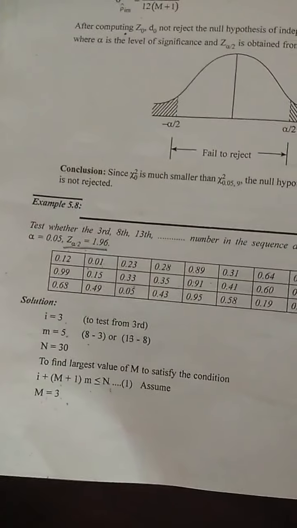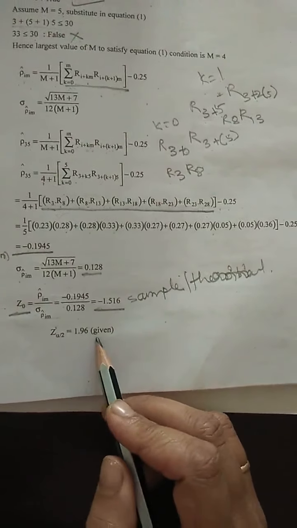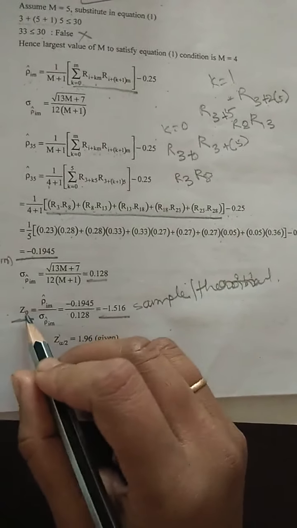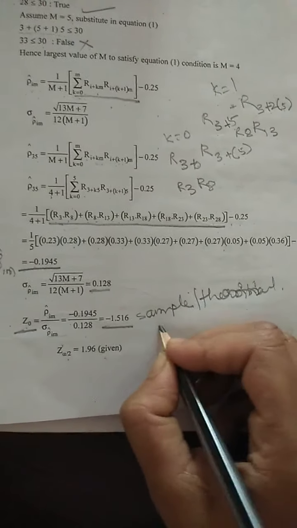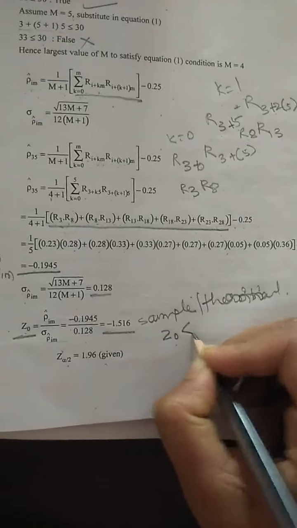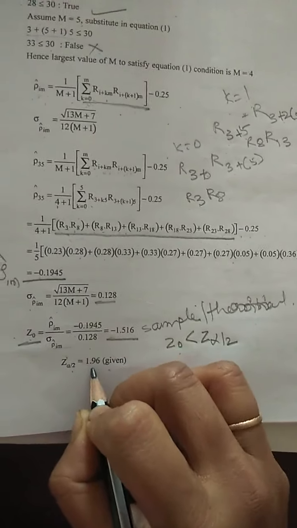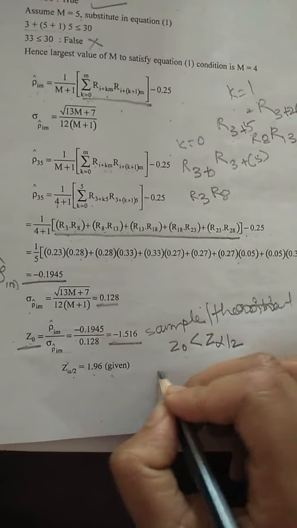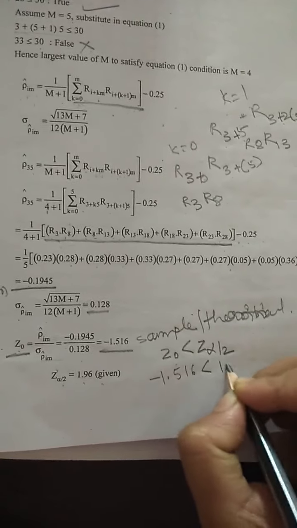This is the critical value, which is 1.96. Then you compare the sample value and the critical value: z naught is less than z alpha by 2. This value will be given in the question itself. So minus 1.516 is less than 1.96.